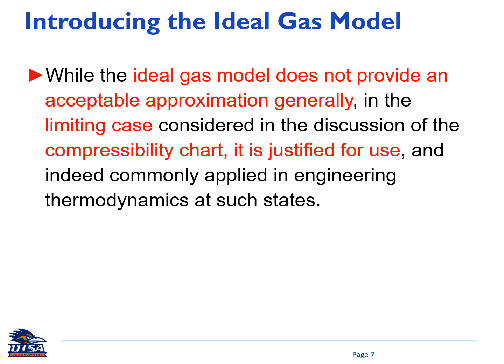So next one. While the ideal gas model doesn't provide an acceptable approximation generally, in the limiting case, and I mentioned to you, limiting case here means that when the PR is close to 0, it is justified for use, and indeed commonly applied in engineering thermodynamics at such state.